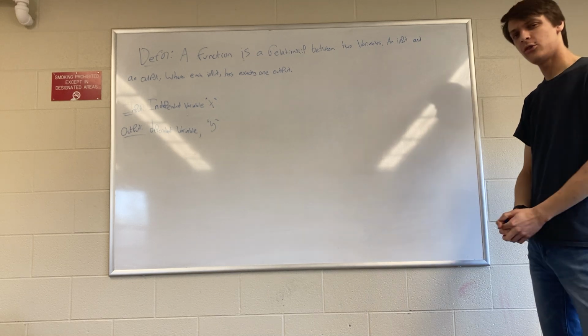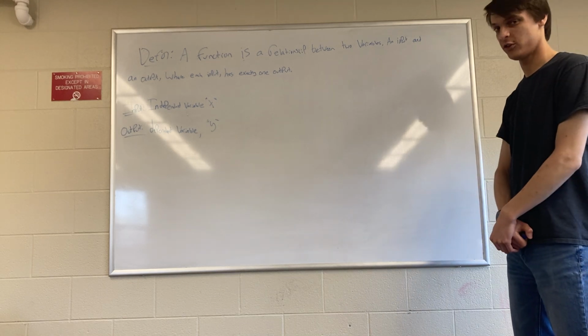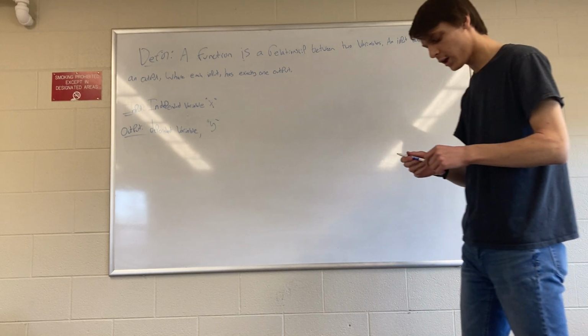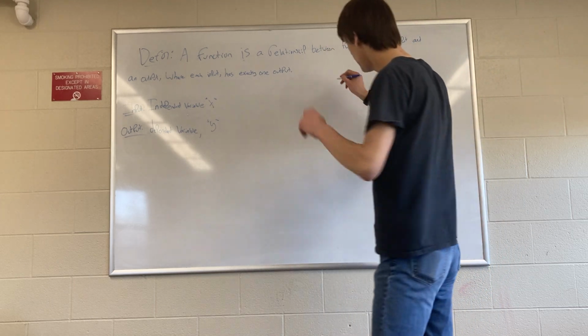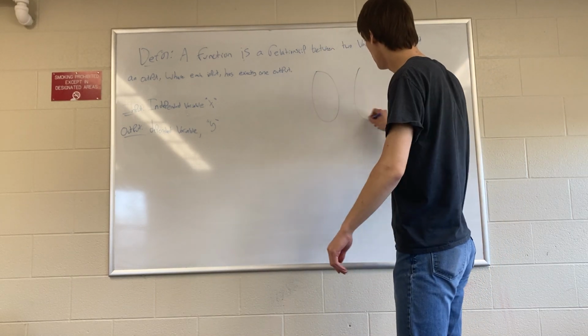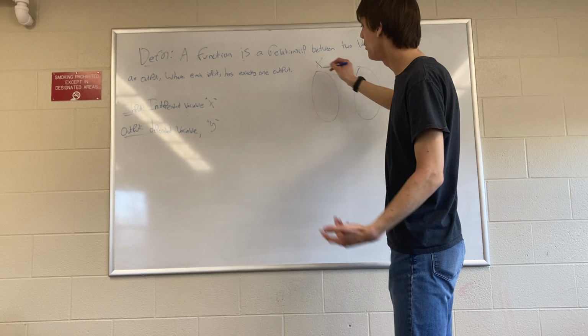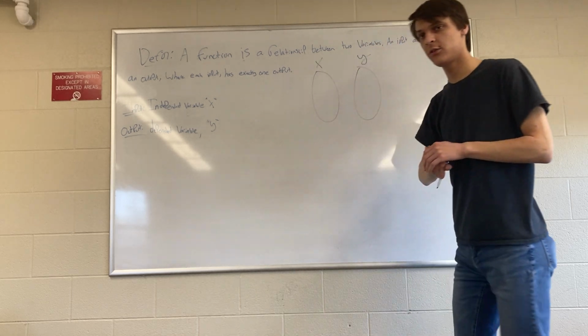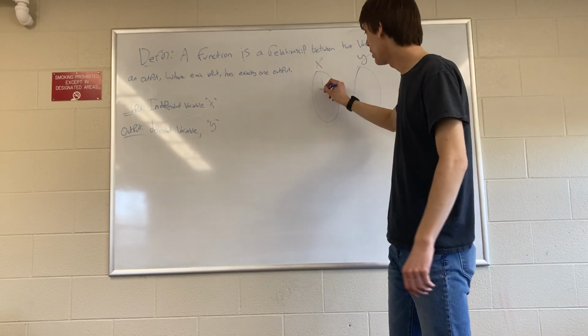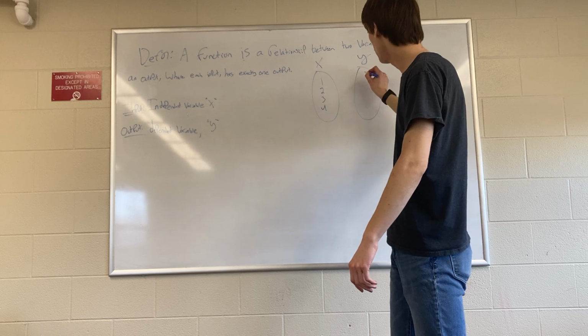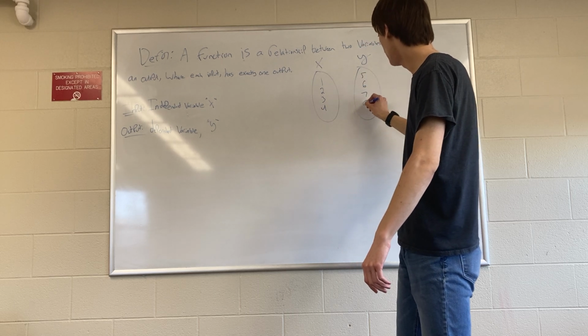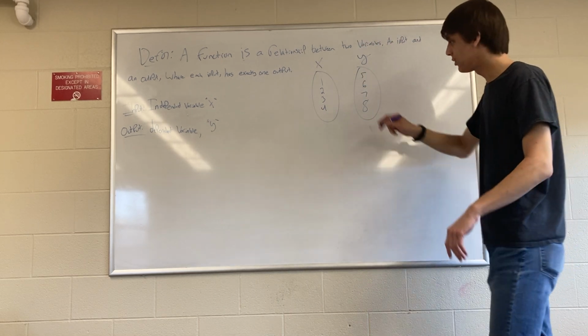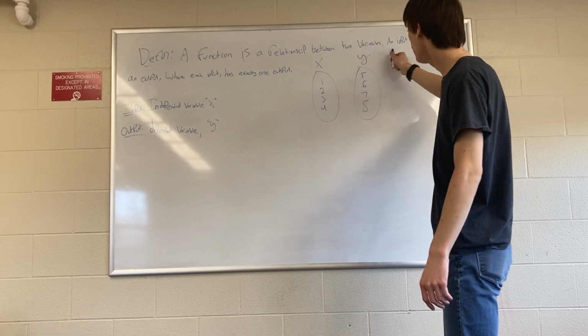So let's move into how we represent these functions in math. There are a couple of ways we could do it. One way is we could draw a diagram, label our x's, our inputs, and our y's, our outputs, and put numbers in here: 1, 2, 3, 4, 5, 6, 7, 8, and draw arrows to represent mapping between our inputs and our outputs.